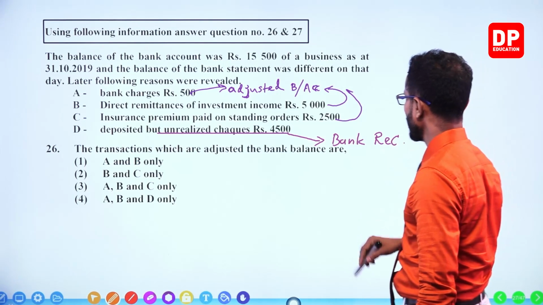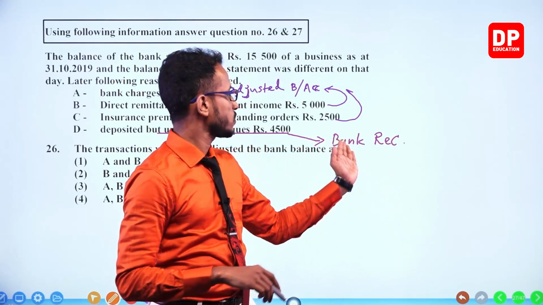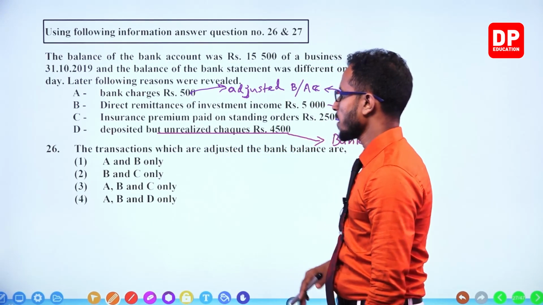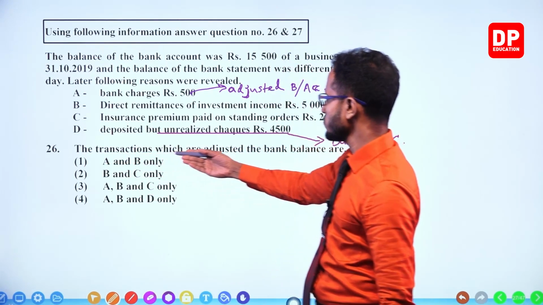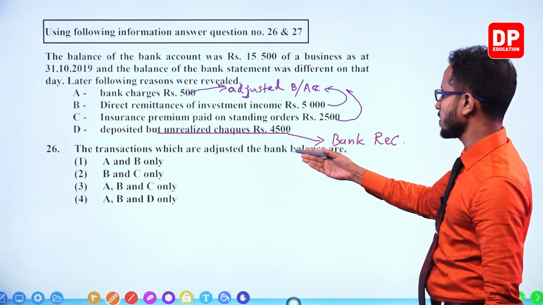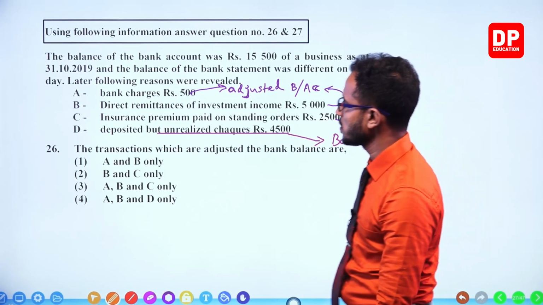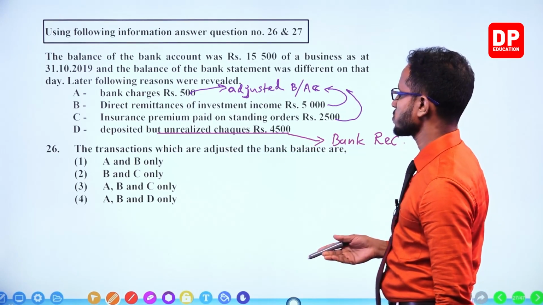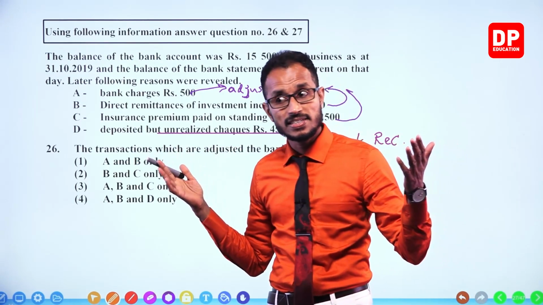That is what we call by this name, bank rec. The transactions which are adjusted in the bank balance go to the adjusted bank account.